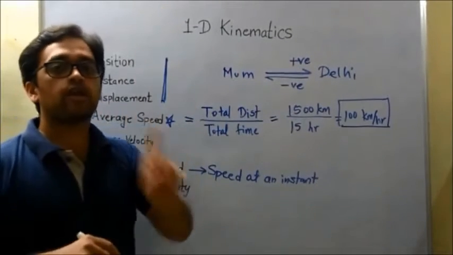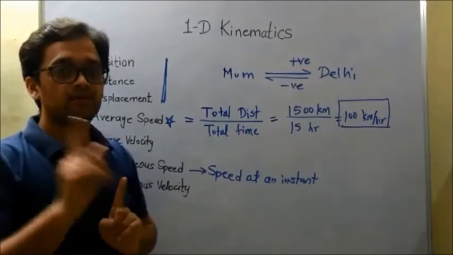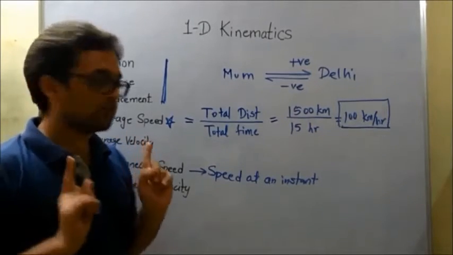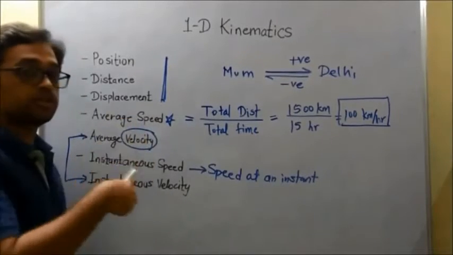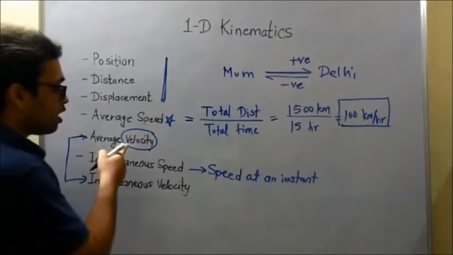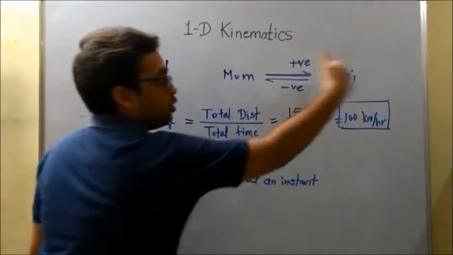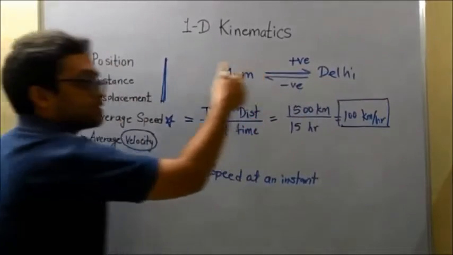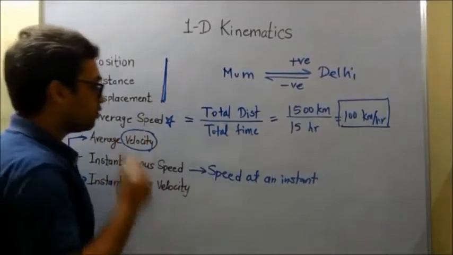And that is where the velocity comes in the picture. So speed could not tell you about the sign of the motion, basically about the direction of the motion. That is where your velocity comes in the picture. Velocity tells you the direction. So average velocity will be either plus 100 km per hour or minus 100 km per hour depending on how the train is moving.